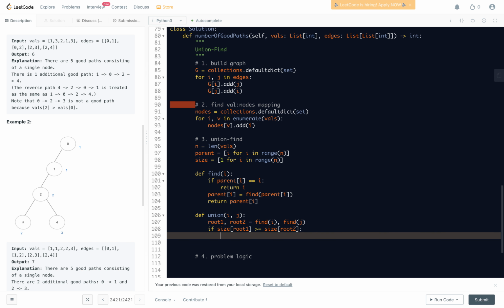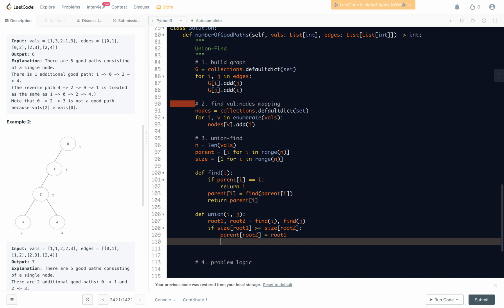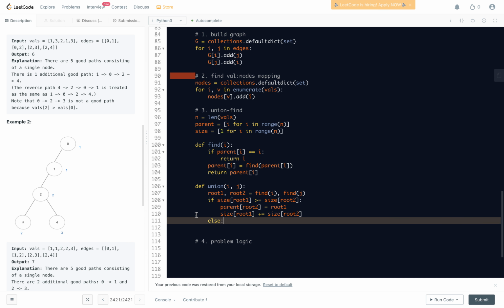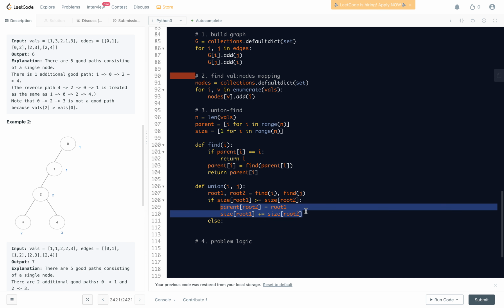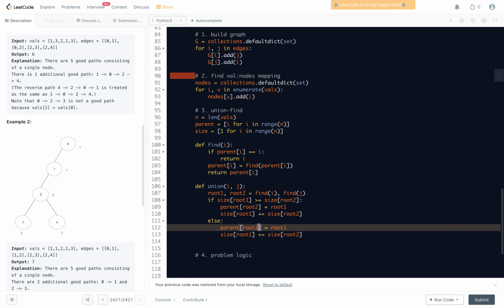If size of root 1 is no less than size of root 2, we set the parent of root 2 to be root 1, and accordingly we increment the size of root 1 by that of root 2.